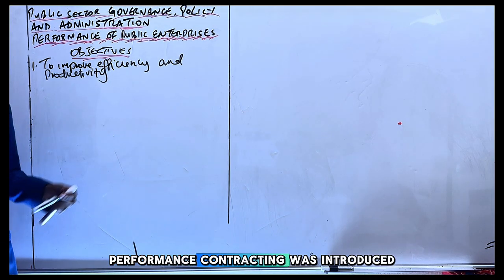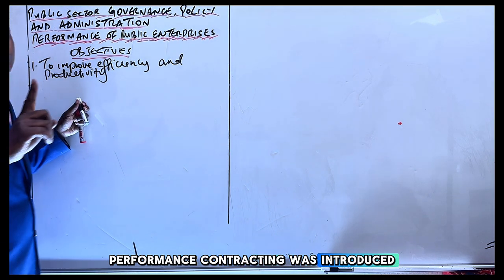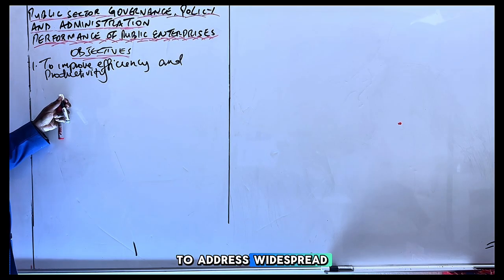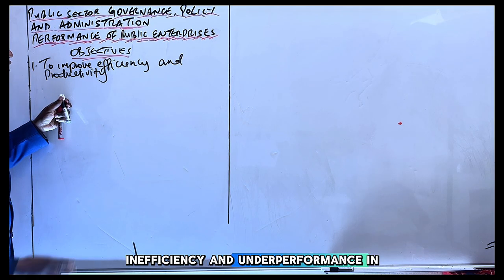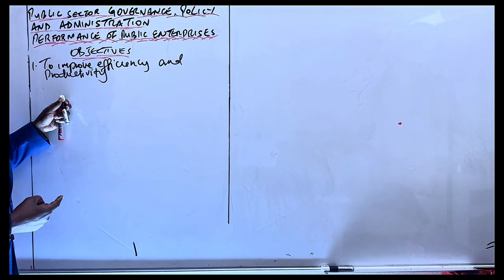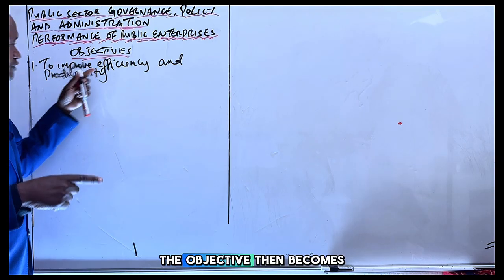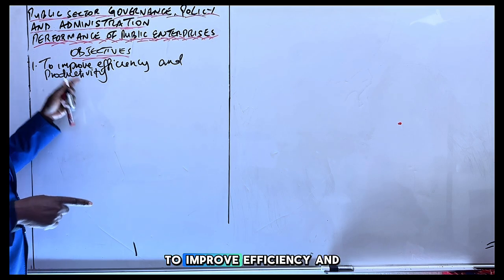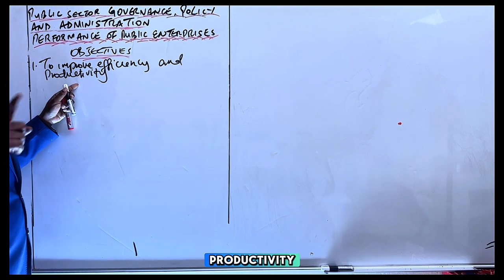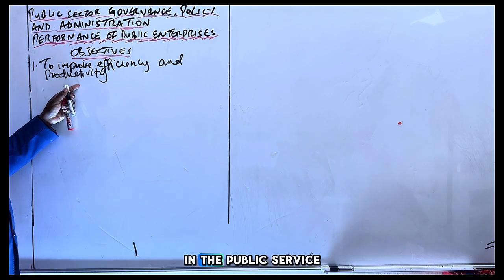Performance contracting was introduced to address widespread inefficiency and underperformance in state corporations. Right? So the objective then becomes to improve efficiency and productivity in the public service.